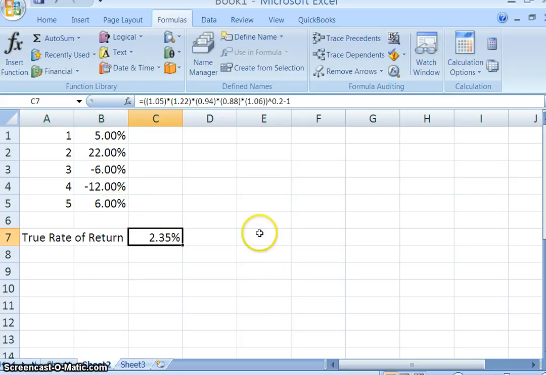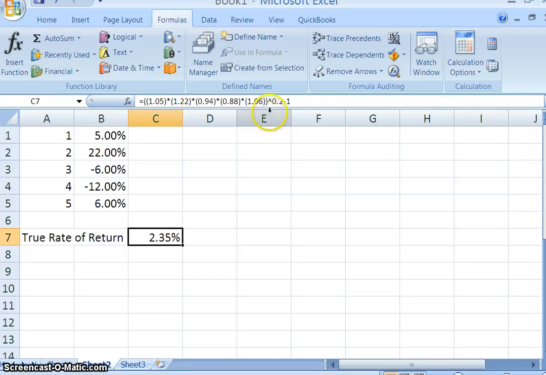To calculate the true rate of return, what I would do is multiply the returns by each other. So if we take 1.05 times 1.22, and then for the negative return just subtract that from 1, so you would have 0.94. The negative 12 would be 0.88, and then your 6% would be 1.06.